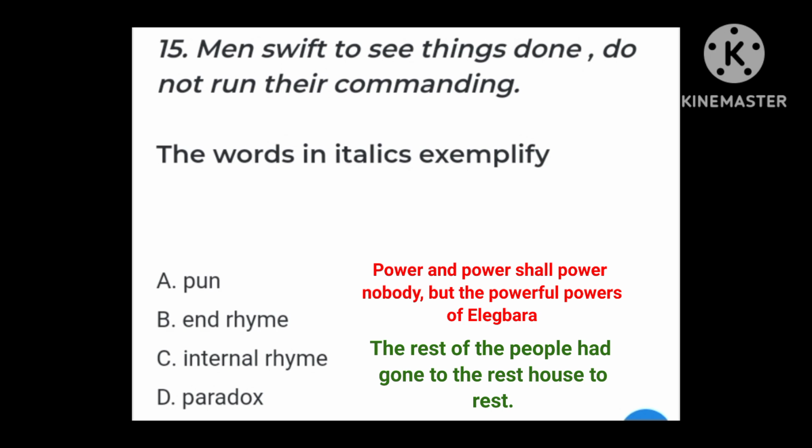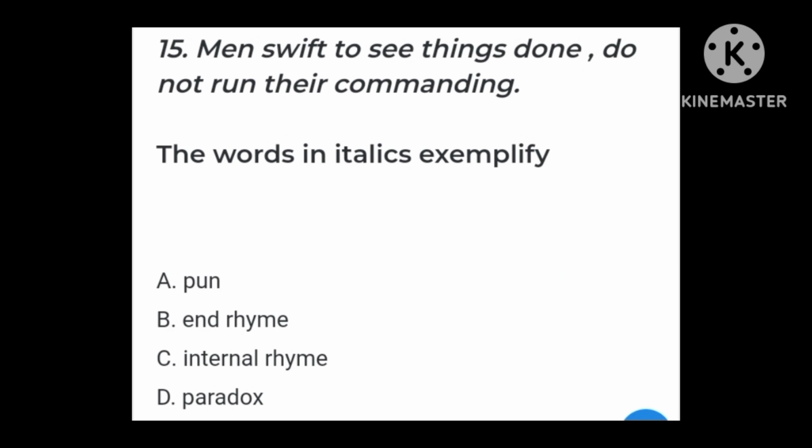Option B, end rhyme. End rhyme is a poetic device where the last syllable of two words rhyme, typically at the end of lines in poetry or verse. Types of end rhyme are perfect end rhyme, slant end rhyme, consonant end rhyme, and alliterative end rhyme.